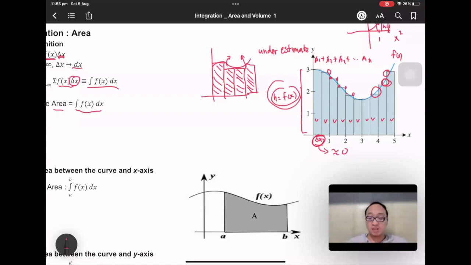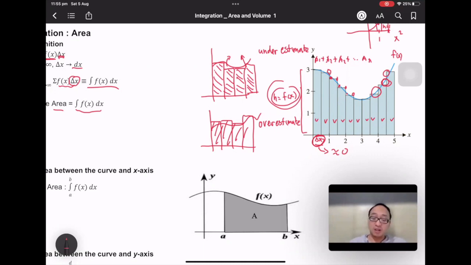Or sometimes we have rectangles that are greater than the graph itself, so the area here will be an overestimate, because the area that we find will be greater than the actual area.